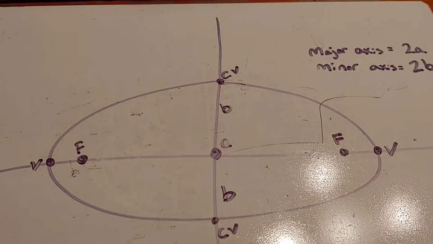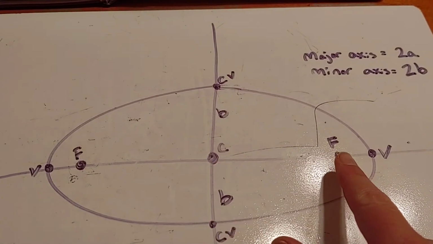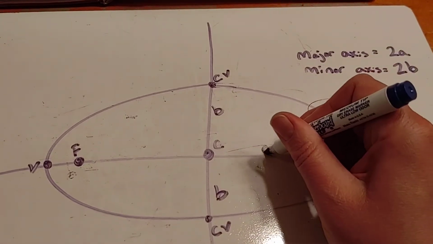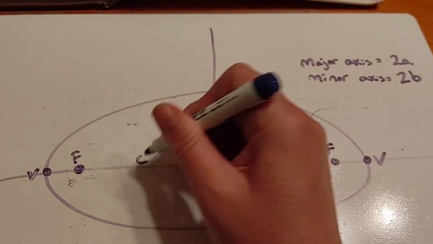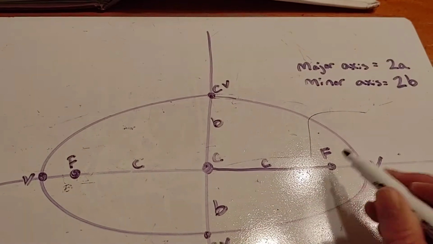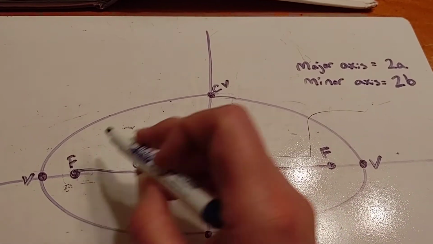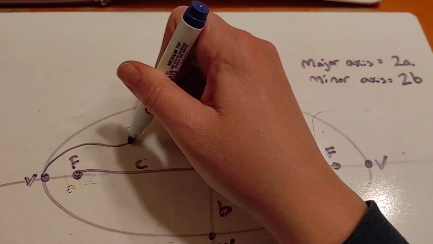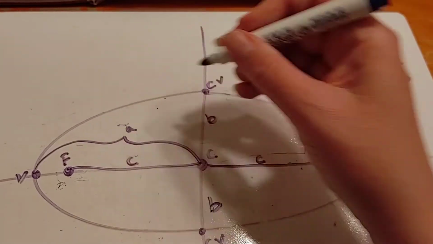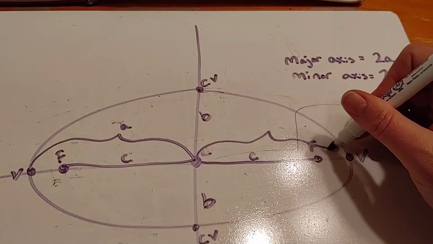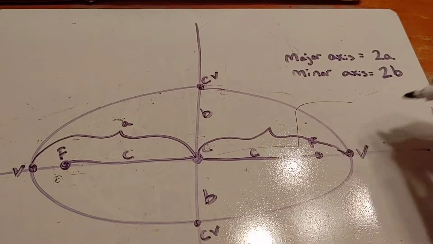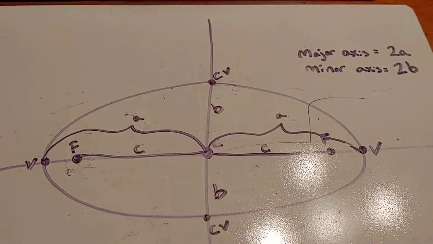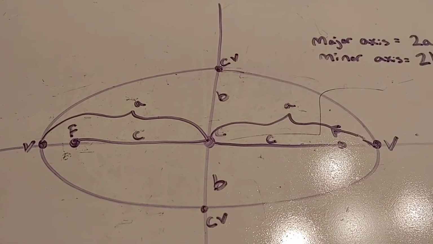All right, the distance from the center to a focus point is C. So this is C, this distance from the center to a focus, and center to a focus. But we already talked about how the distance from the center to the vertex was A. And the center to the vertex, all the way to the vertex there, is A. All right, so a lot of important vocabulary happening here.